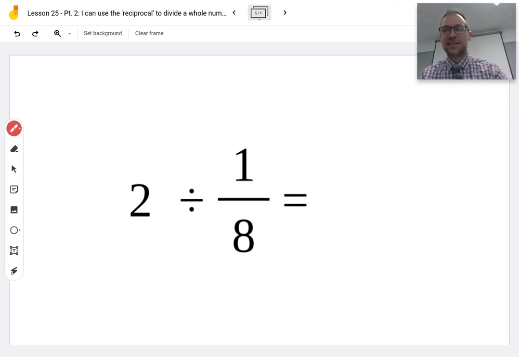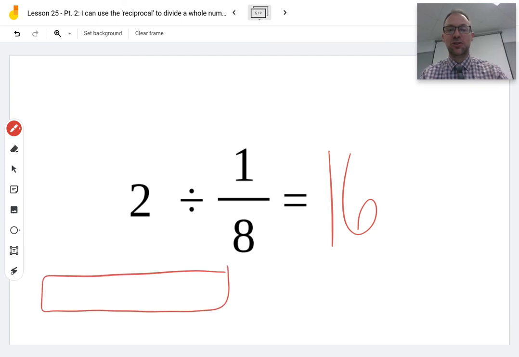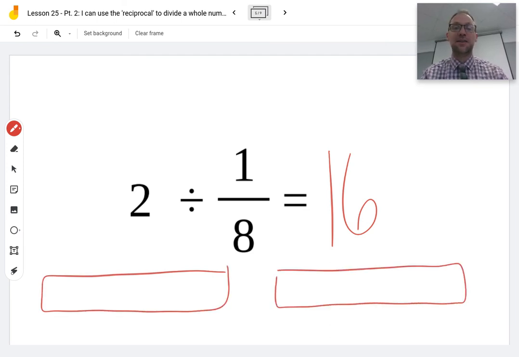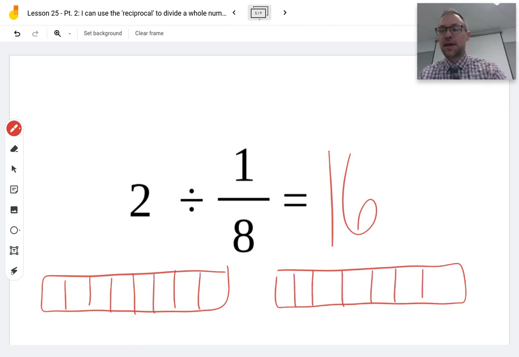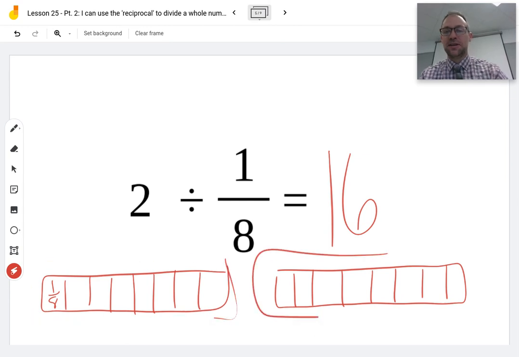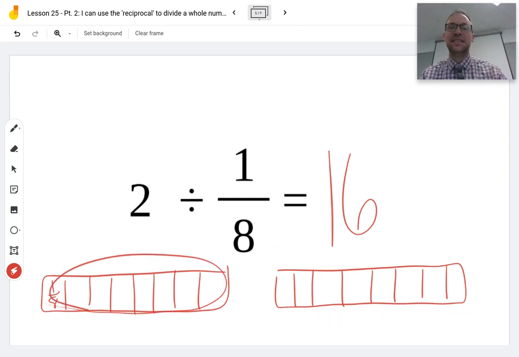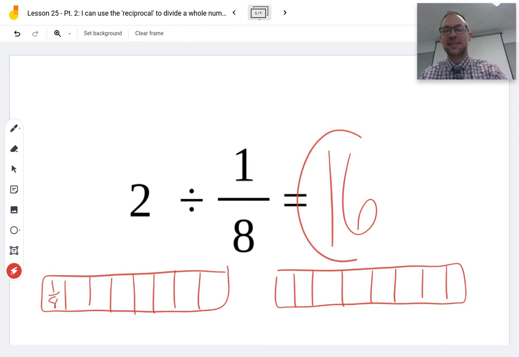Did you say 16? Well, we got 16 by taking 2 whole bars and dividing them into eighths. And if you count up all those groups of 1/8, you'll see there's 16 of them. 2 times the 8 pieces in each group, or 2 groups of 8, is 16.